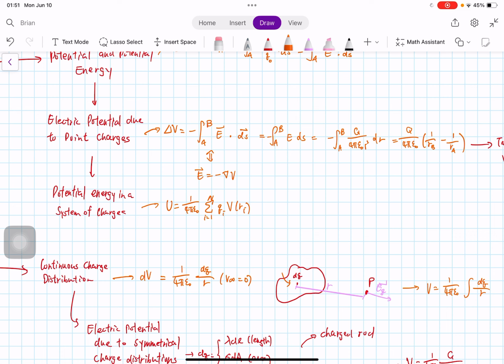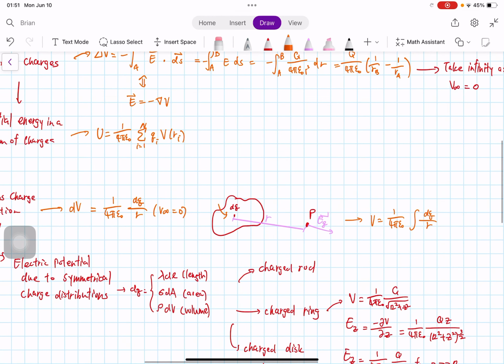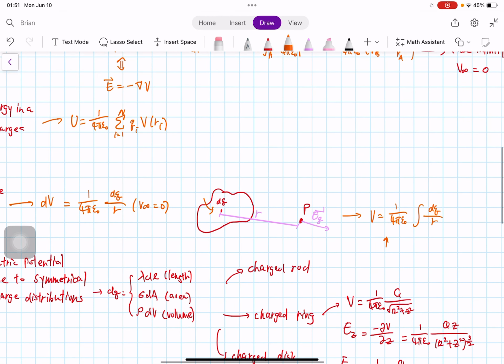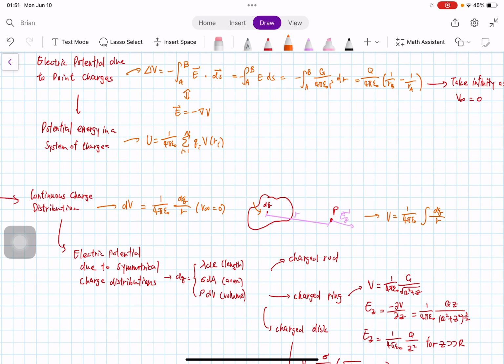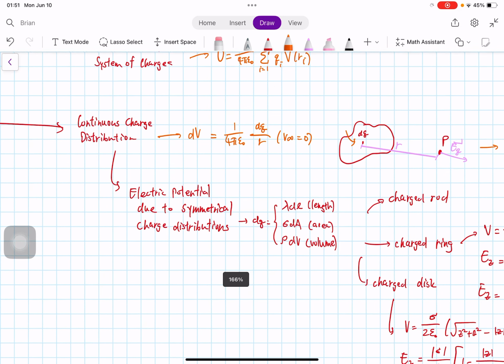It's the same thing. After we set up the differential form, we can do the integral form of it, and then we have this expression to find our potential. This is the fundamental concept as we delve further into symmetrical charge distributions.